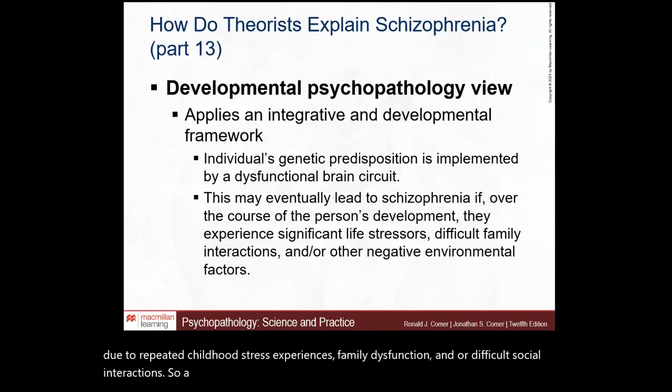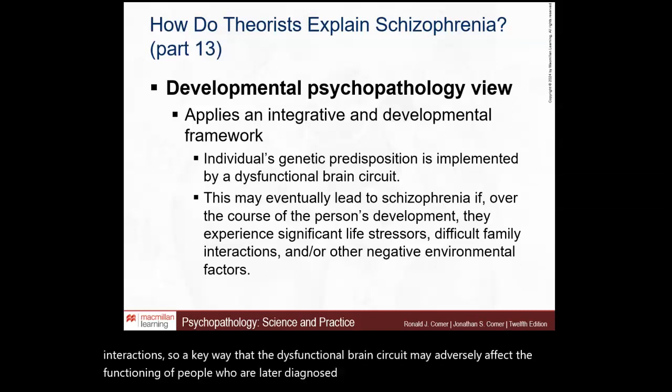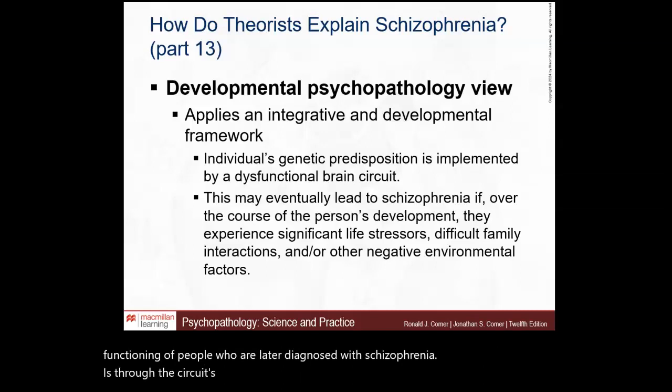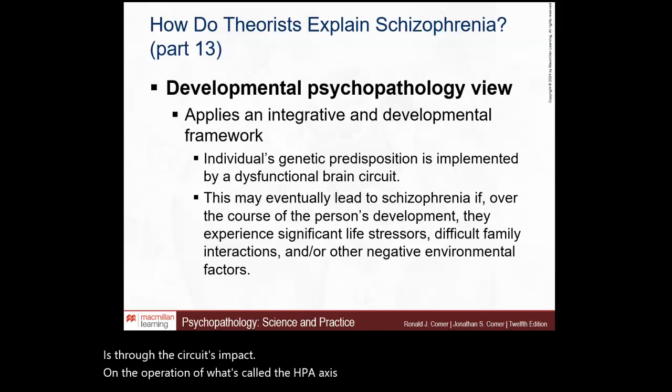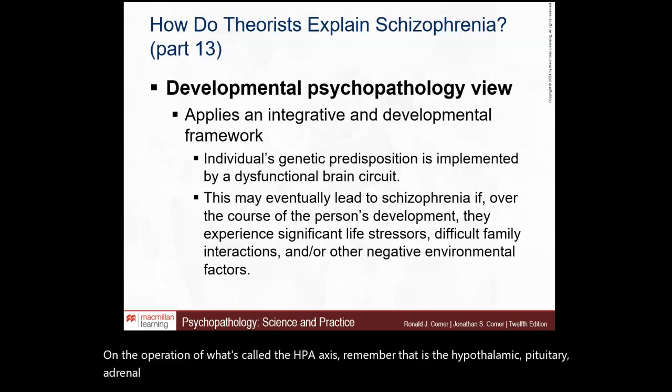So a key way that the dysfunctional brain circuit may adversely affect the functioning of people who are later diagnosed with schizophrenia is through the circuit's impact on the operation of what's called the HPA axis. Remember, that is the hypothalamic pituitary adrenal stress pathway.